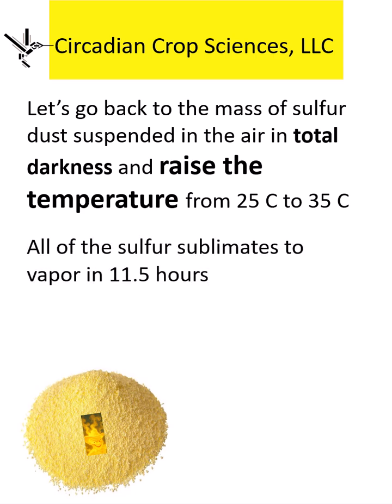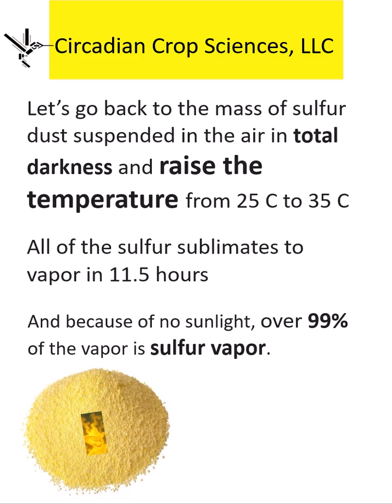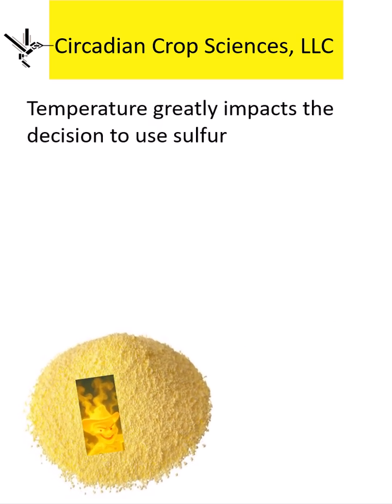All of the sulfur sublimates to vapor in 11 and a half hours. And because of no sunlight, over 99% of that vapor is sulfur vapor and not sulfur dioxide. Temperature greatly impacts the decision to use sulfur in agriculture.